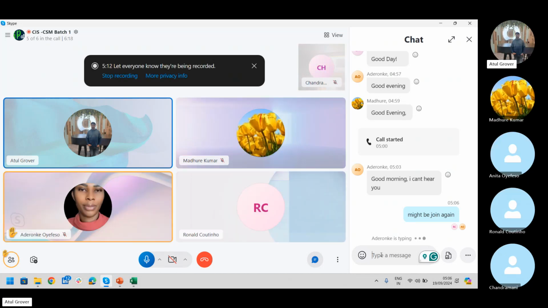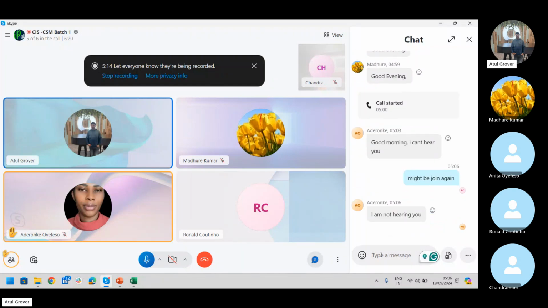Okay. What do you mean by the word CSM? What do you think?